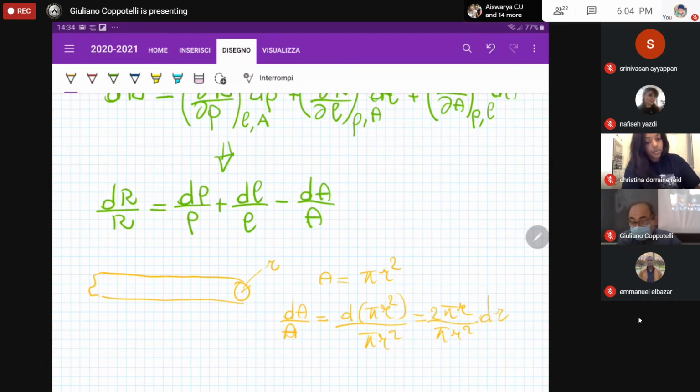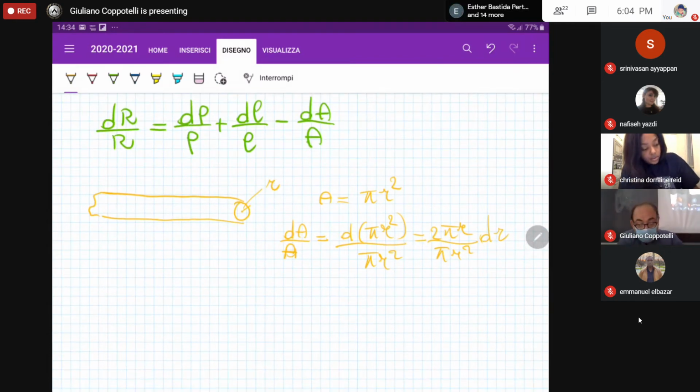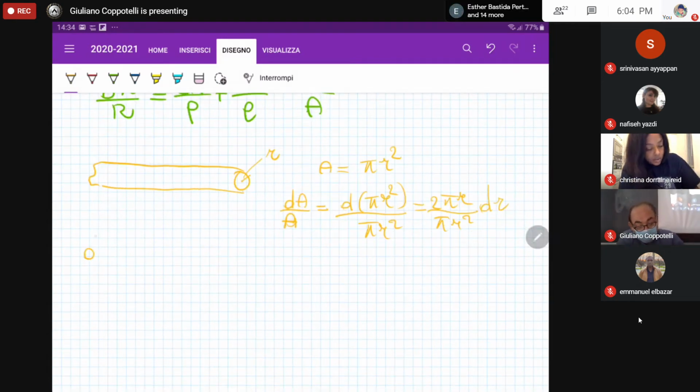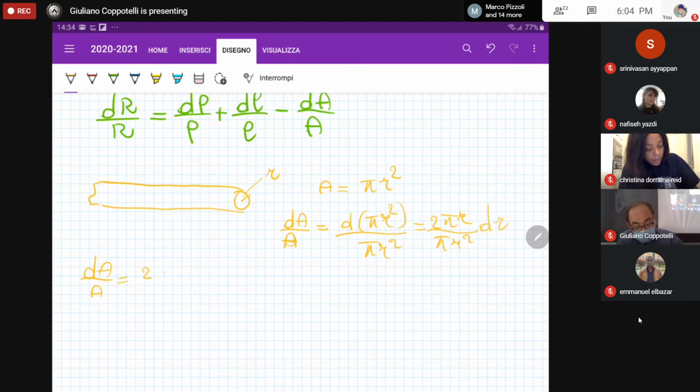Thus the fractional change of the cross-section area is given by 2 dr over r. But if you remember the meaning of the Poisson ratio, that is a cross-section reduction of the section because we are having a length variation.